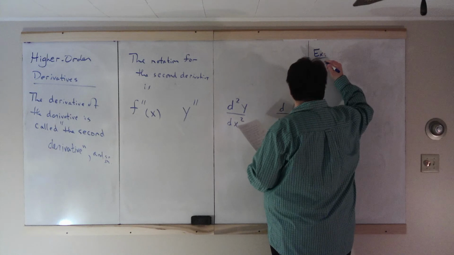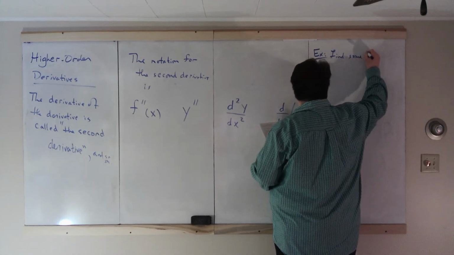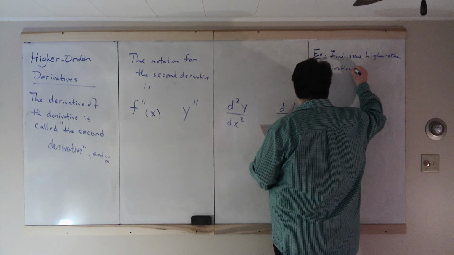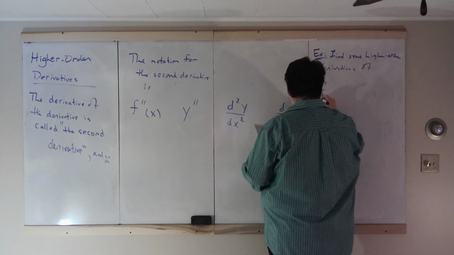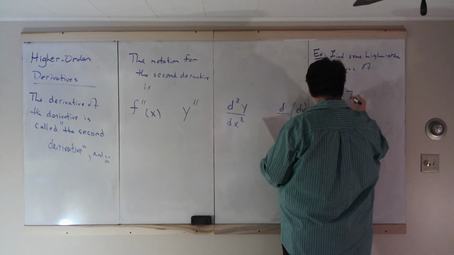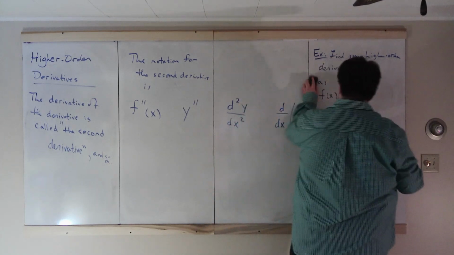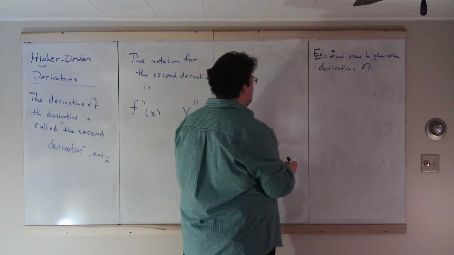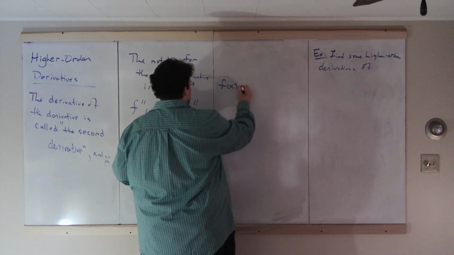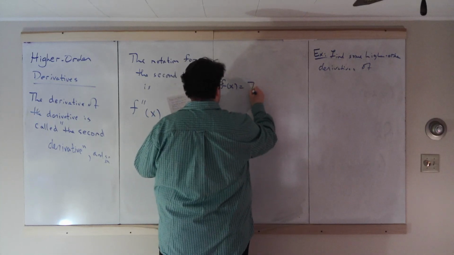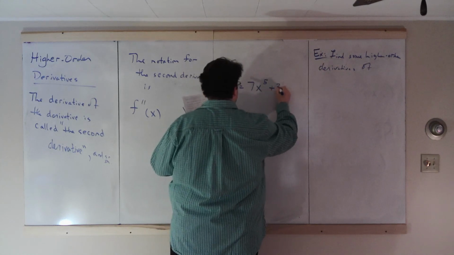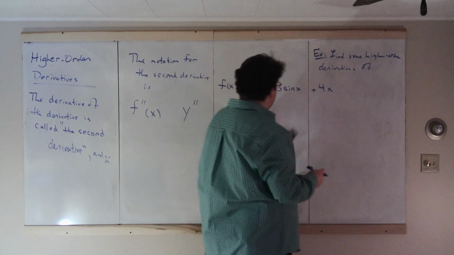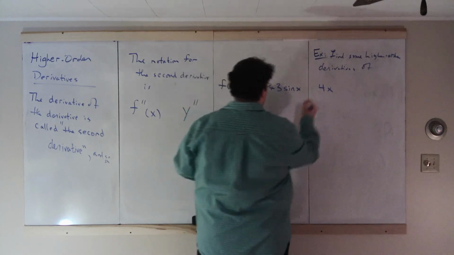Example. Find some higher order derivatives of this function. f of x equals 7x to the 5th plus 3 sine x minus 4x.